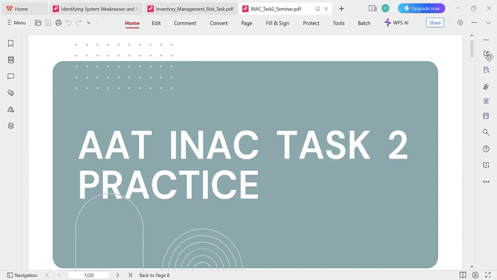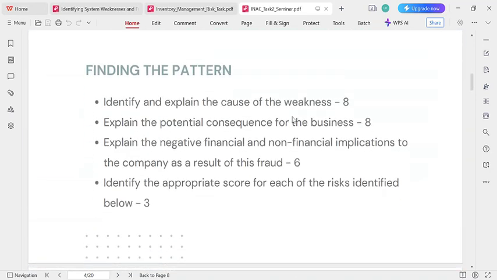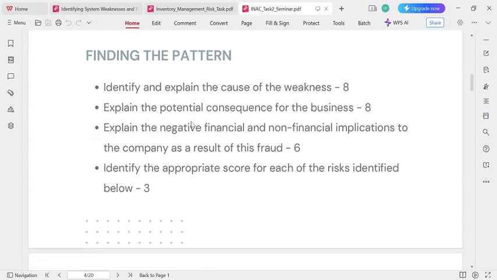So in today's lesson, what we are going to do is try to reverse engineer task 2. We are going to start with the questions which are frequently asked in task 2, and try to understand what the skills are. So we are going to analyze the questions. These are the questions that I have compiled.